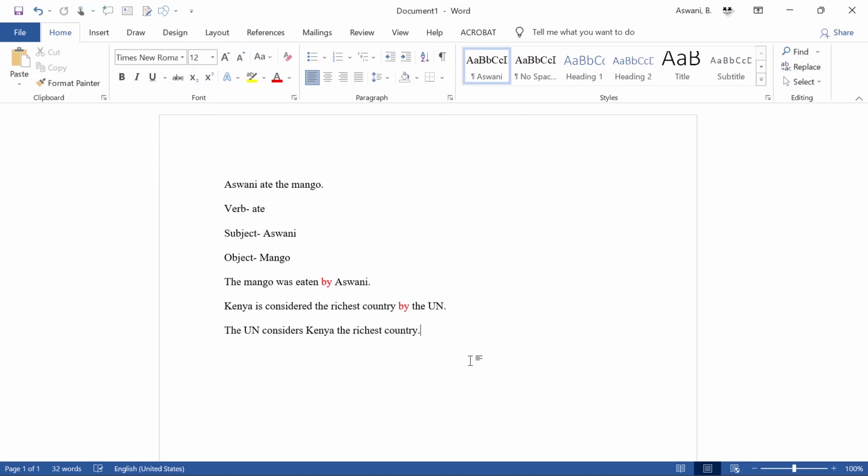Whenever you write a sentence which has a verb, and that verb does not have the subject, that sentence might be in passive voice. For example, I'm writing several sentences.